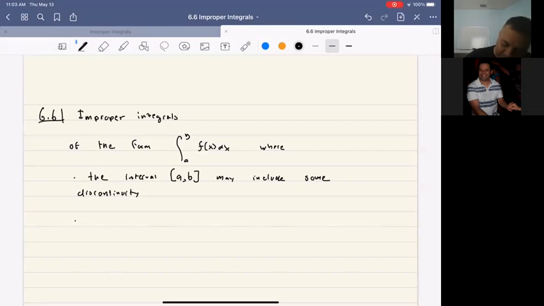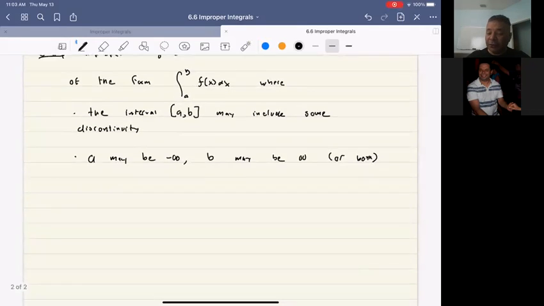Or a or b might be infinity or negative infinity, or both. And that pretty much covers it. So let's take a look at just the sort of canonical ones.